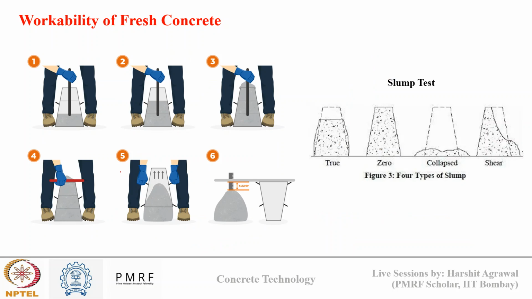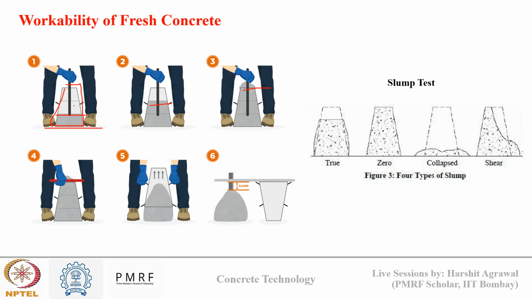Now in this slide, you can see slump test being performed. For slump test, we have a conical flask like this, which is held tightly using the legs on a flat surface. Now step 1, 2, and 3 is to fill the concrete inside the cone in three levels. You can see first level, second level, and third level.